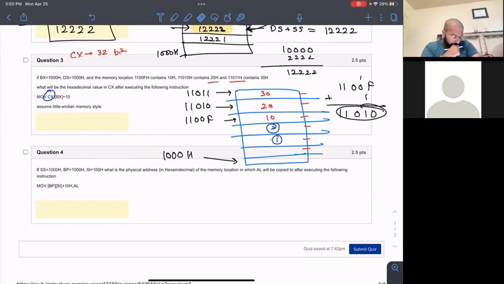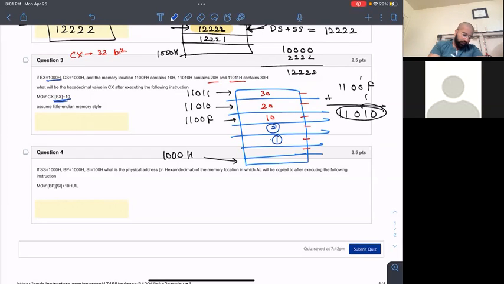But first of all, let's deal with BX plus 10. We know BX is 1000 hexadecimal, but where? BX has some data, and we don't know what data it is. We know data is always stored in data segments.